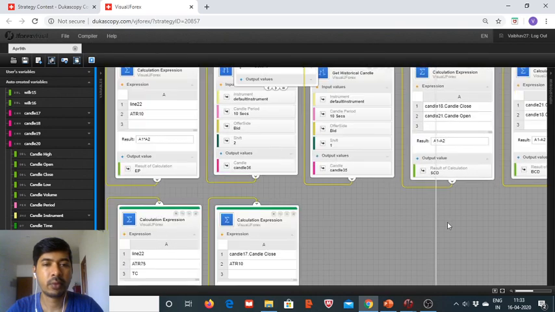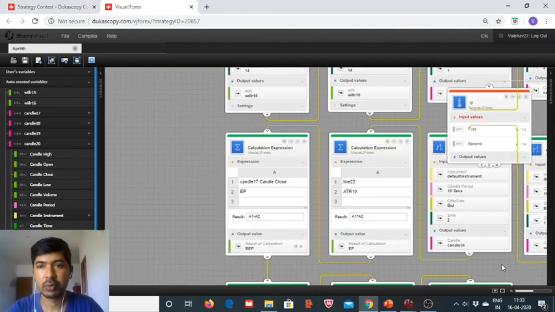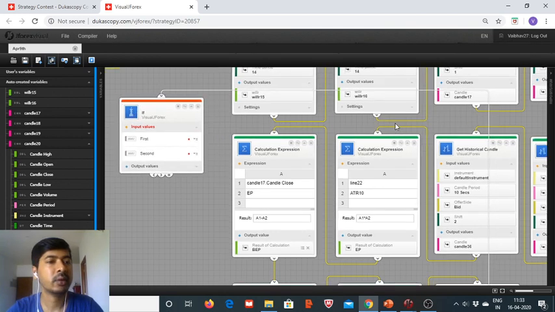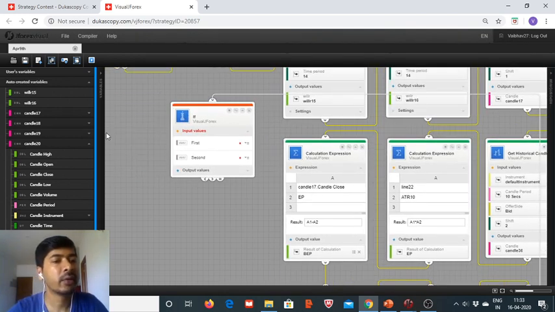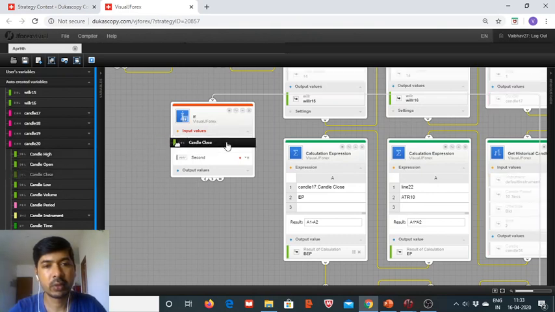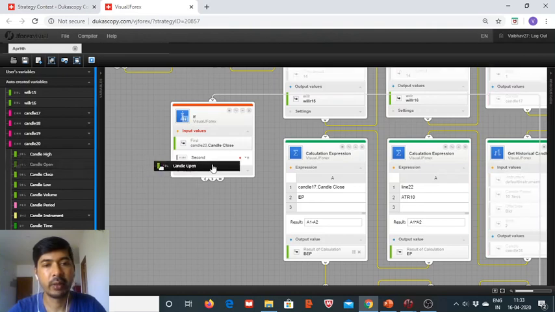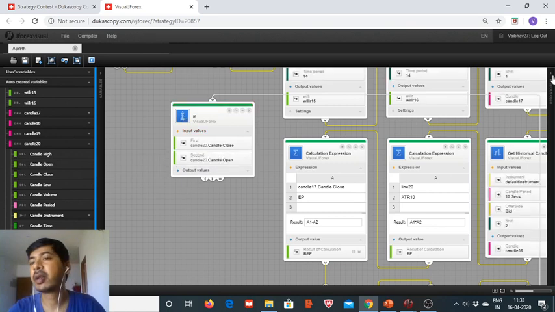Now getting to the candle 20, so here we take candle 20's close and candle 20's open. We take in another block.